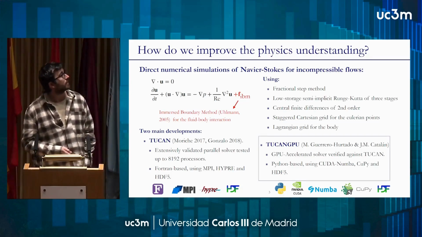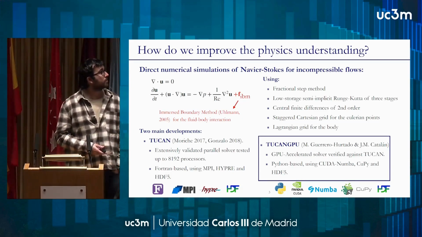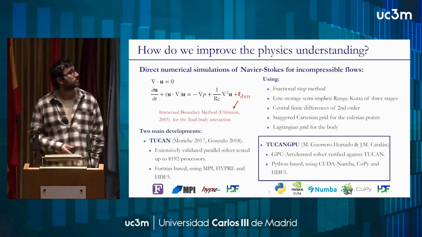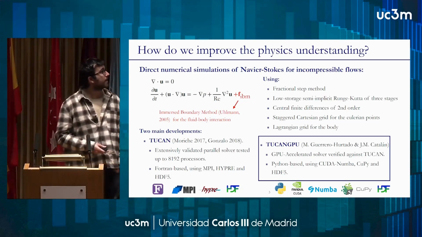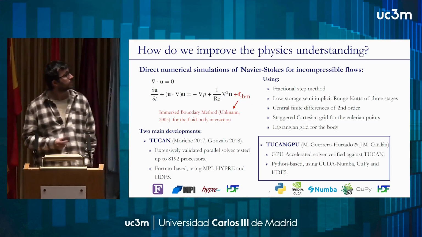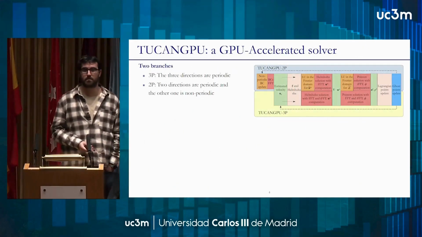And recently, Manuel Guerrero and myself have developed a GPU-accelerated solver, somehow an update of the previous one, which is a Python-based solver that uses CUDA, NumPy, CuPy, and HDF5. In the following, I'm going to give some details about the new solver.